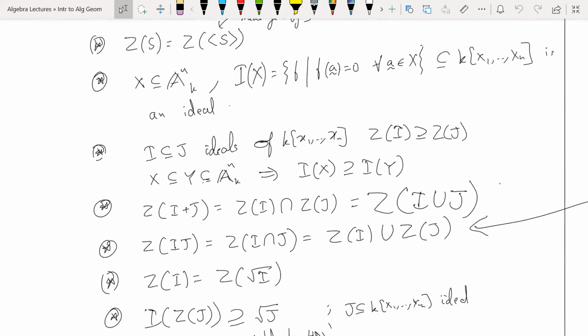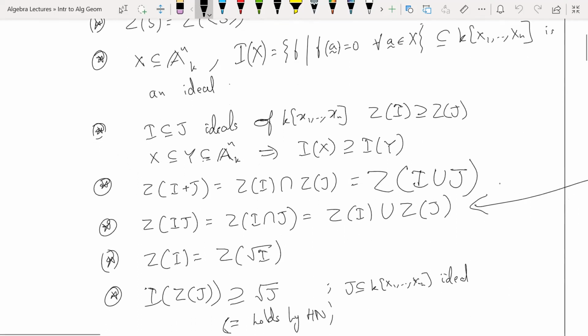And then we saw that if we take two ideals I and J and take their sum, the zero set of that is the intersection of the zero set of I and the zero set of J, which is the same as the zero set of I union J. This is more or less a straightforward tautology.